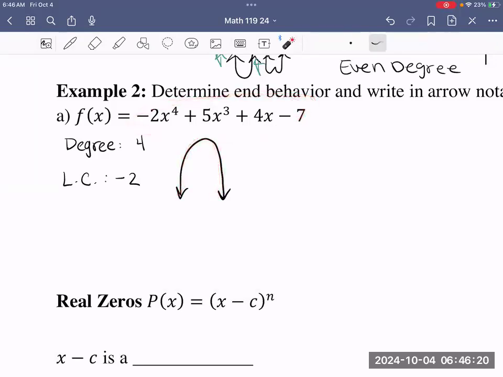Instead, it'll have lots of waves to it. So if we're writing an arrow notation, both of these arrows are suggesting that your y values are going towards negative infinity. I should put that right here. So as x goes to negative infinity, your y is going to negative infinity. And as x goes to positive infinity, your y is going to negative infinity.